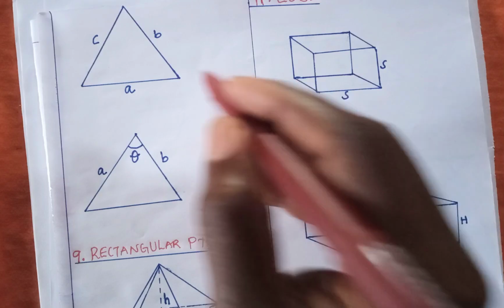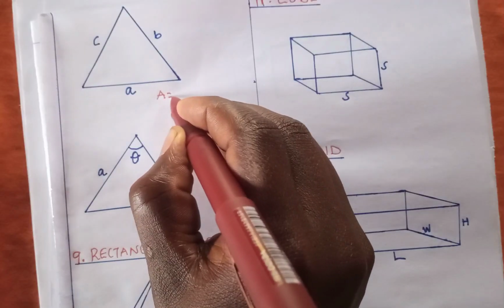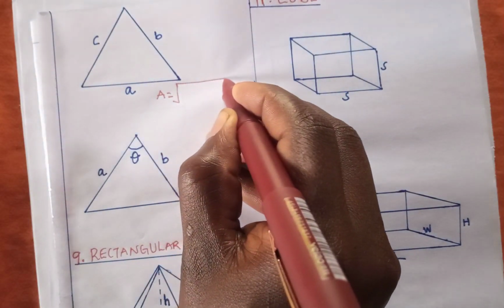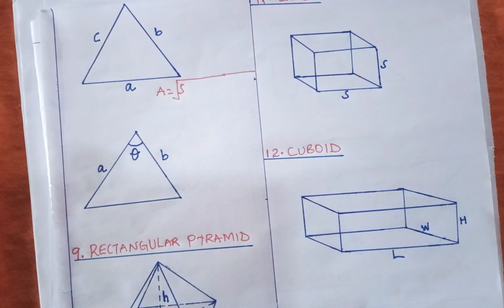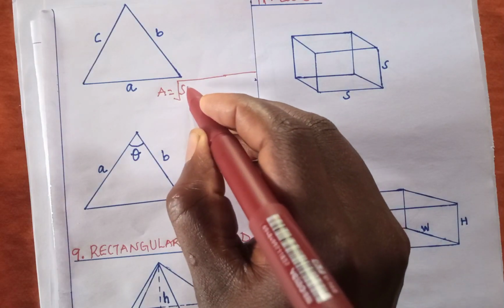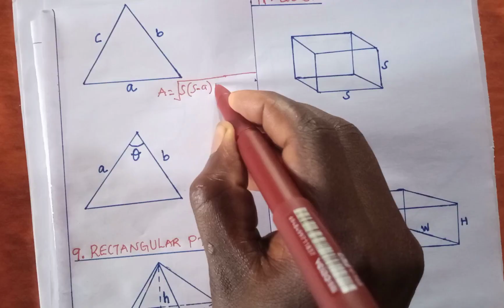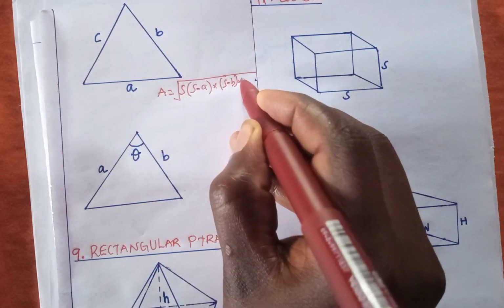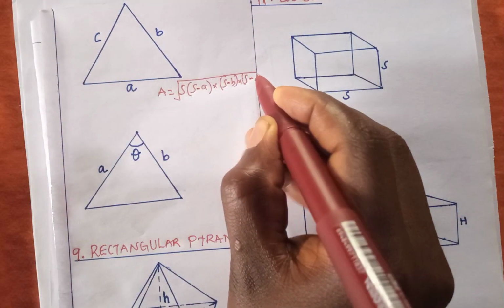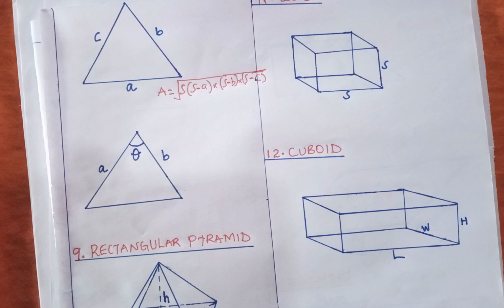Hero's formula simply says that if you want to work out the area of this triangle, you take the square root of s, open the bracket, s minus a, multiplied by the bracket s minus b, multiplied by the bracket s minus c, which is the last measurement that they have given us for this figure.